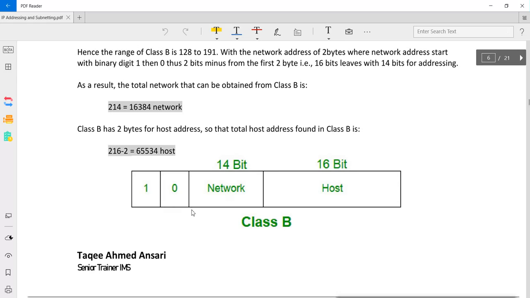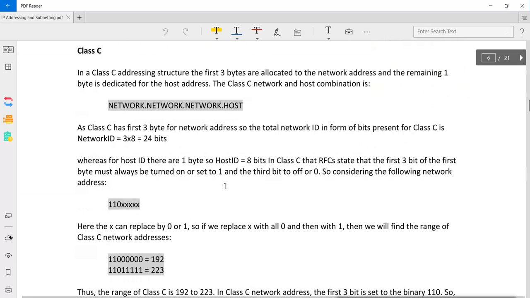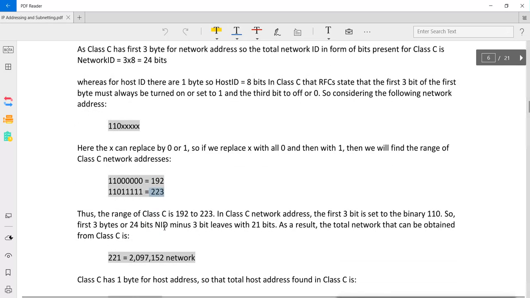In class C they have increased the network part. Now you have three parts as network bits and only one part as host bits. That means you get more networks and fewer hosts, and the range is from 192 to 223.